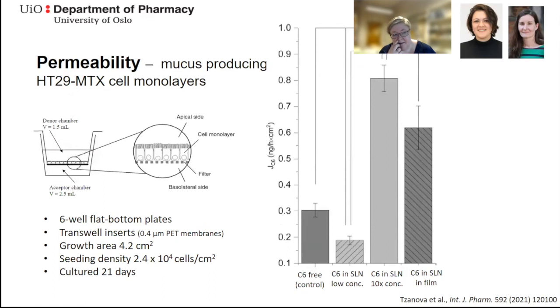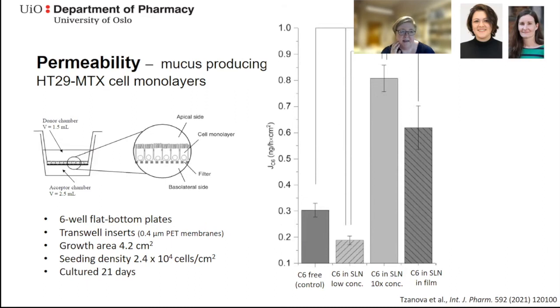Also, we looked at permeability using the same cell line, and I mentioned that we should preferably use a cell line of buccal cells in order to look at the permeability that is relevant to the biological conditions.